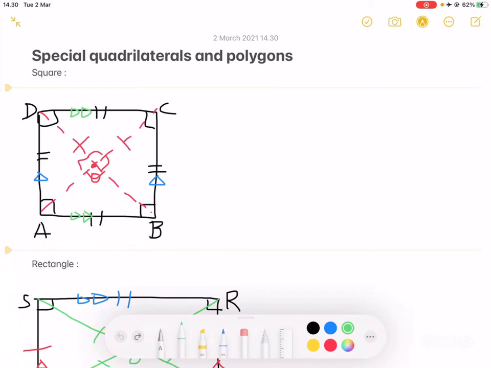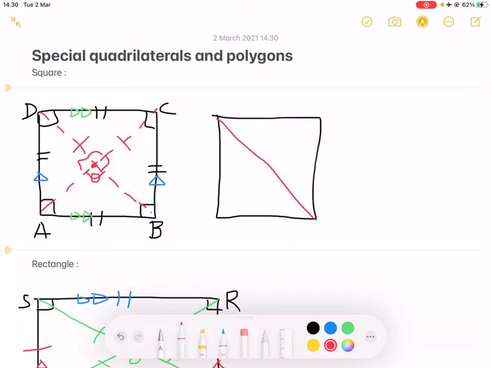And the next thing I'm going to talk about is its diagonals. Its diagonals look something like this. Something about the diagonals is they bisect each other. What I mean by bisect is that it divides a line segment into 2 equal parts.